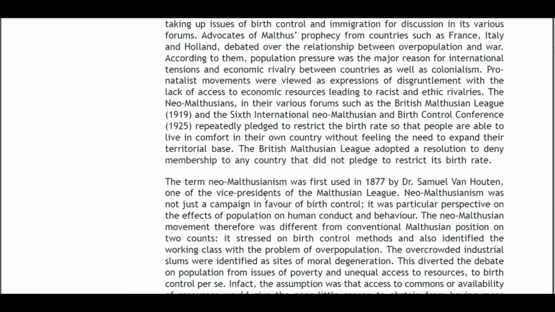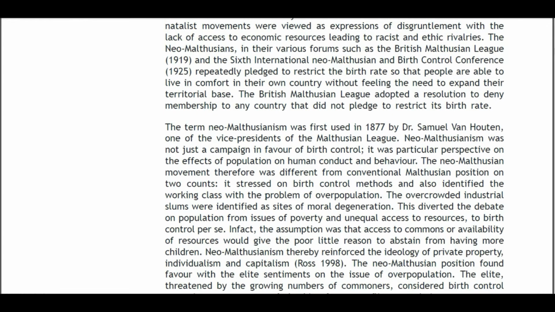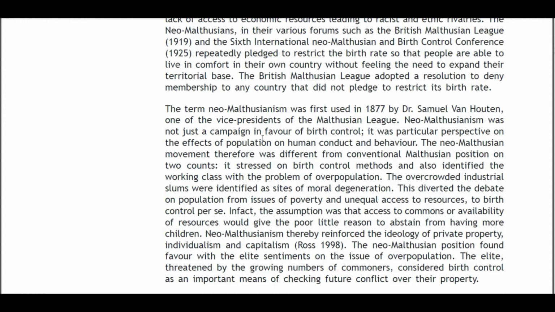The British Malthusian League adopted a resolution to deny membership to any country that did not pledge to restrict its birth rate. The term Neo-Malthusianism was first used in 1877 by Dr. Samuel Van Houten, one of the vice presidents of the Malthusian League.